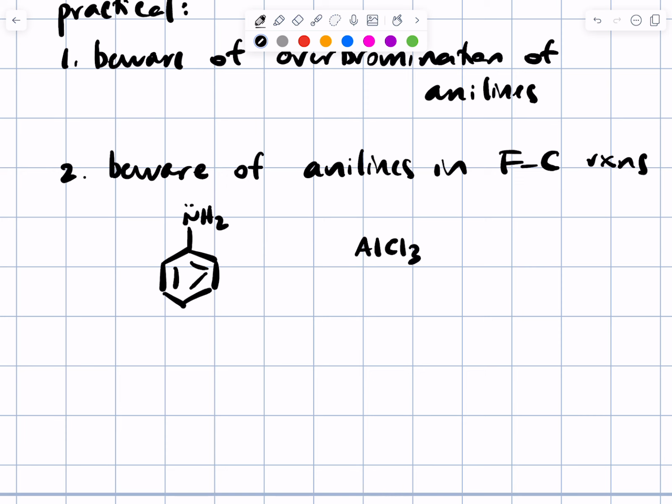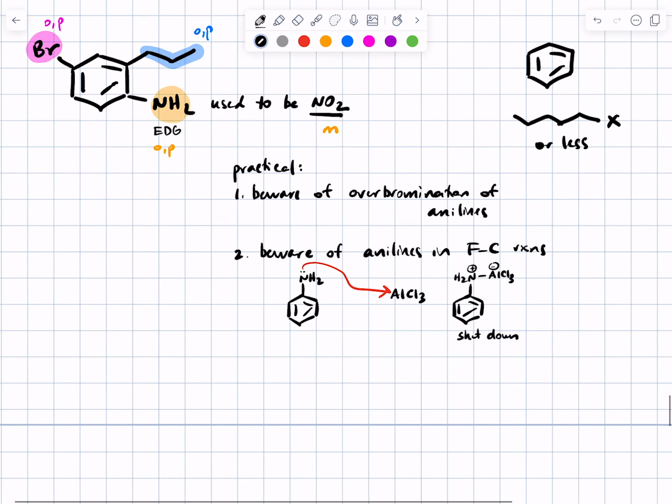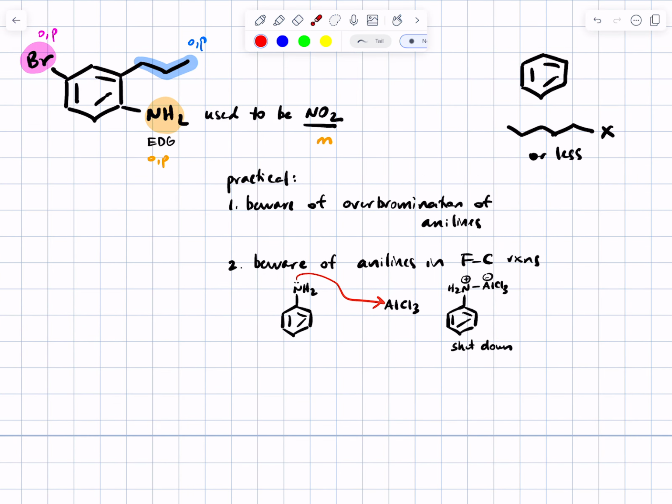What happens with straight up anilines, not with amides, but with anilines, is that the lone pair on the nitrogen will dump into the empty p orbital in the aluminum, and you'll get this Lewis acid, Lewis base sort of adduct that shuts down the reaction. So if I was going to do a Friedel-Crafts alkylation, probably I want to do that before the aniline is there.